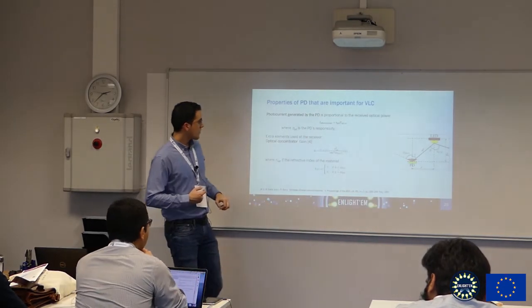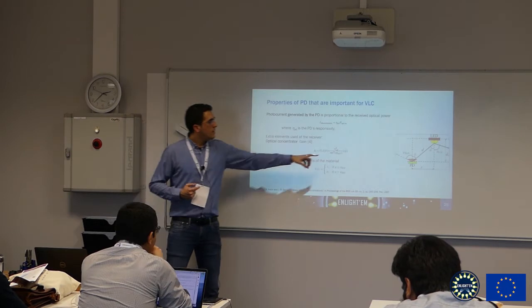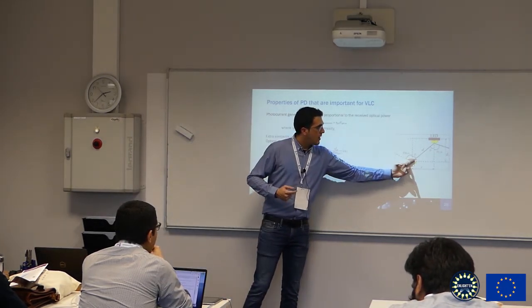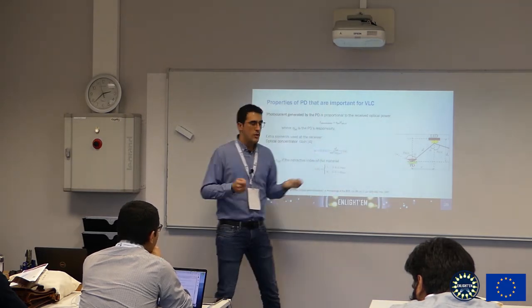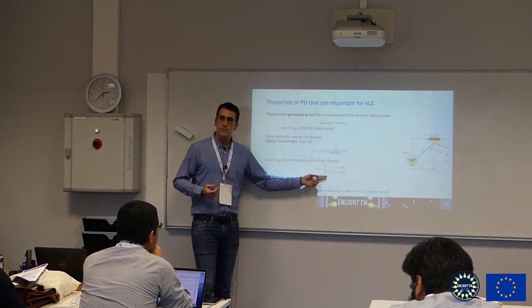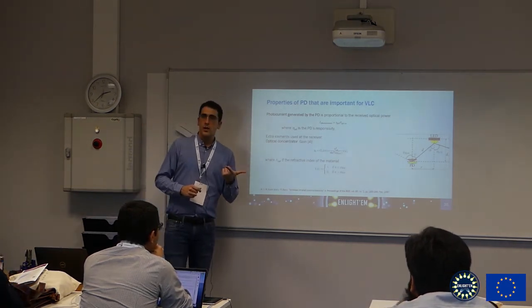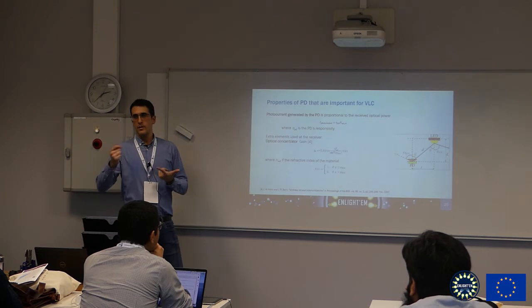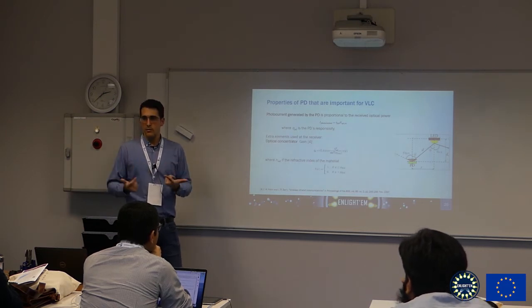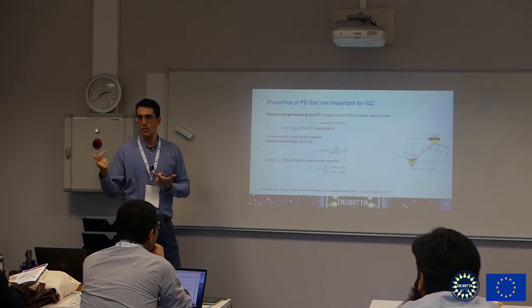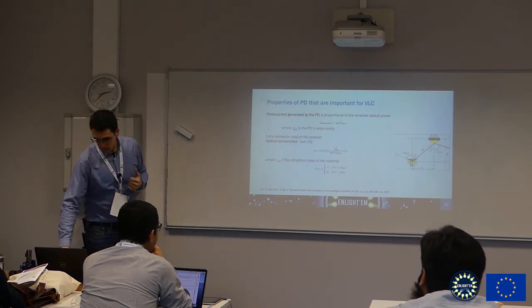And we also have a Boolean variable, which means that if the incident angle is larger than the field of view, we are not receiving any signal. So we have to be careful, because the larger the field of view, the more probable it is to receive the signal, but also we are increasing the interference. If we are working in a dense deployment, we need to be careful with that.